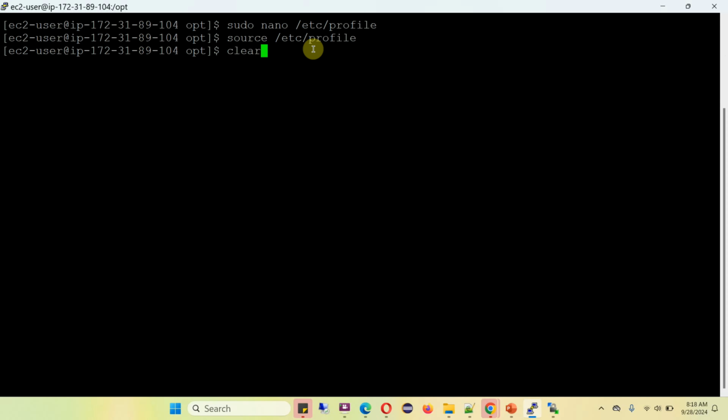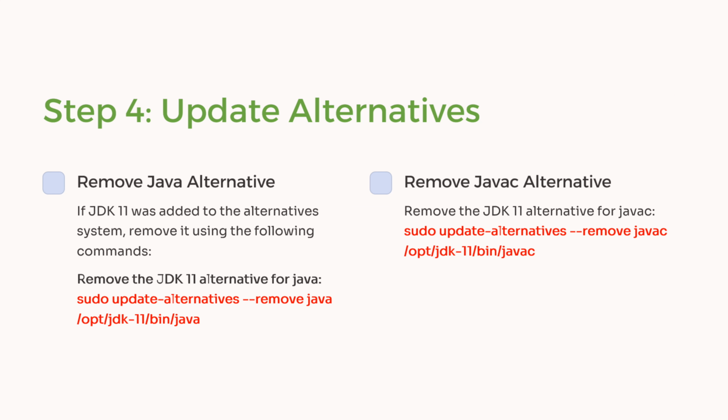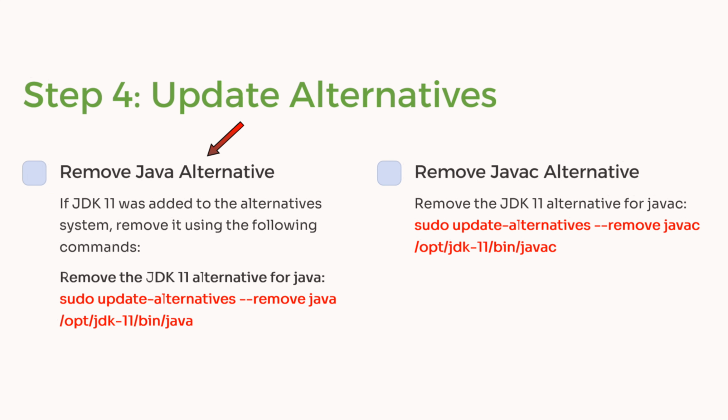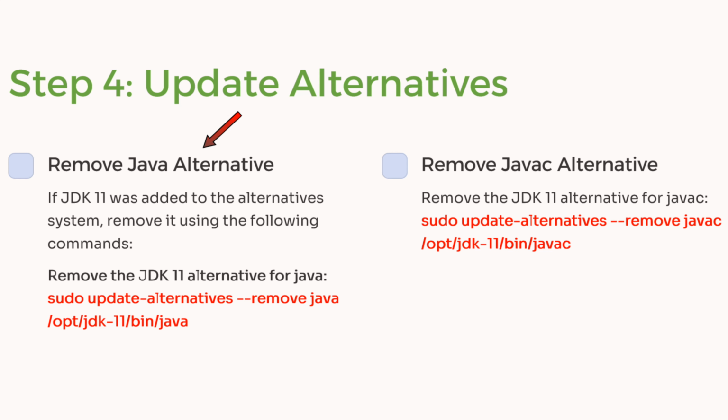Step 4 is update alternatives. Remove the java alternative. If JDK 11 was added to the alternatives system, then remove it using this particular command. Remove the javac alternative.